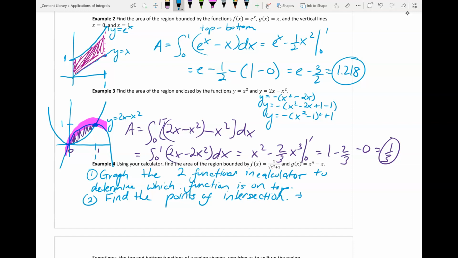And they should be x equals 0 and x equals 1.181. Then these are going to be your bounds. So we can set up our equation from 0 to 1.181 is going to be f of x minus g of x, because if you graph from your calculator, you're going to see that f of x is above the g of x.